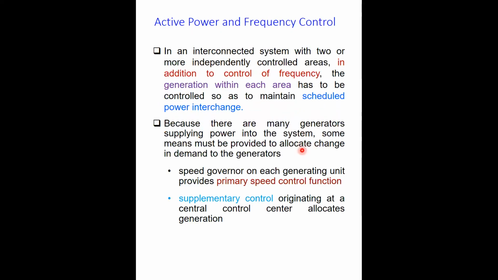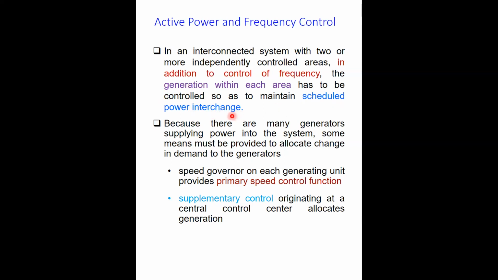So when we have an interconnected system, we have two or more independent control areas. Here we will define the control areas, which will be in operation to control the frequency, and the generation within each area has to be controlled so as to schedule the power flow through the tie line.